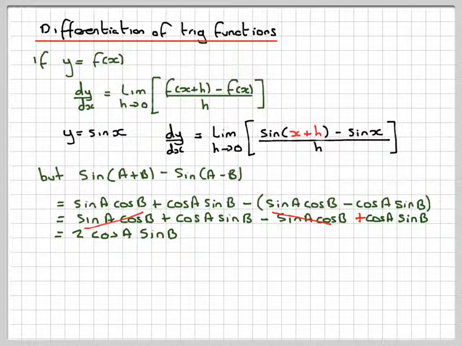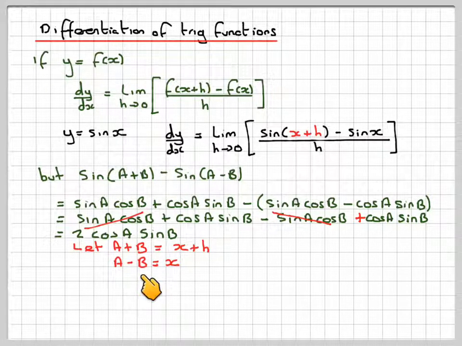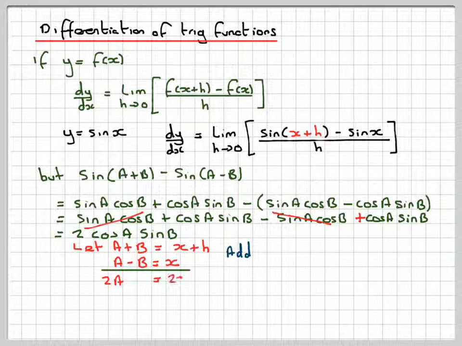Right, now we're going to do a little trick. If we let a plus b be equal to x plus h, then a minus b is going to be equal to x. If we add these and solve them by simultaneous equations, we're going to have 2a is equal to 2x plus h, and now if we divide by 2, we're going to have that a is equal to x plus h over 2.